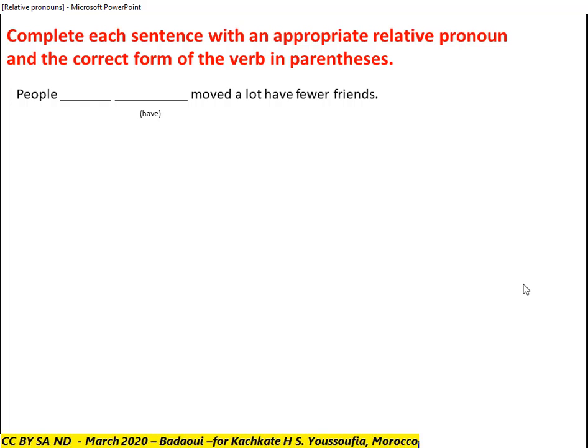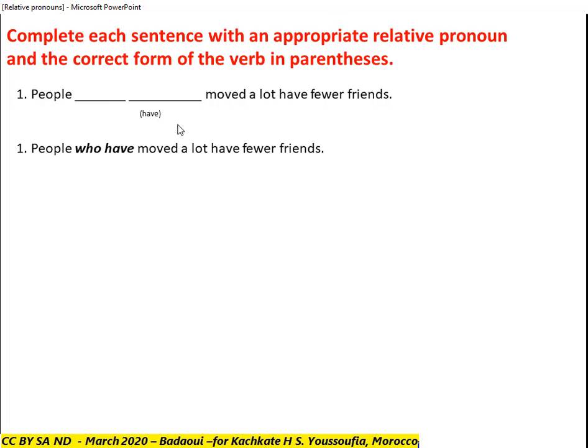For example, people, we put who or which or that or whose, have moved a lot, have fewer friends. Here we have a past participle. Normally it would be present perfect. We say people who have moved a lot have fewer friends.